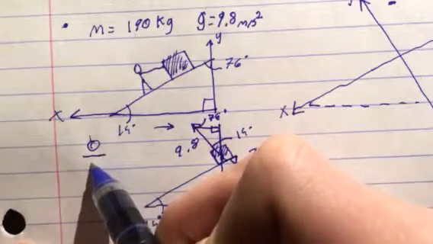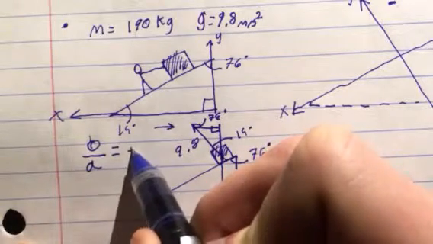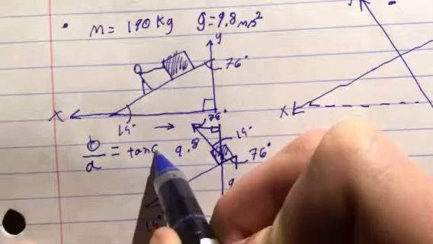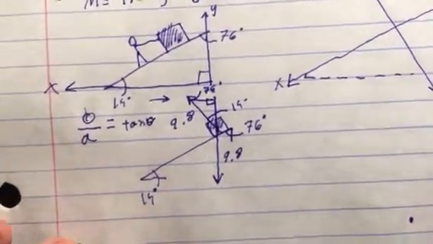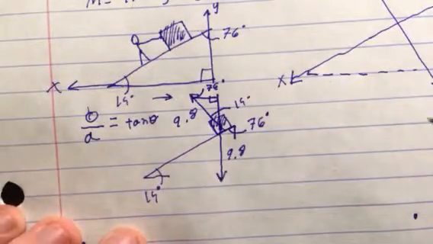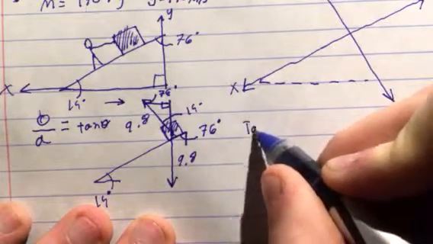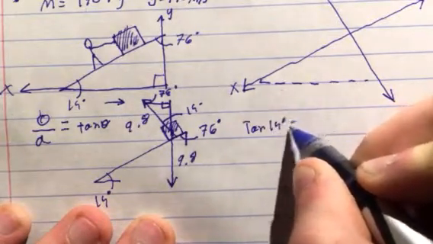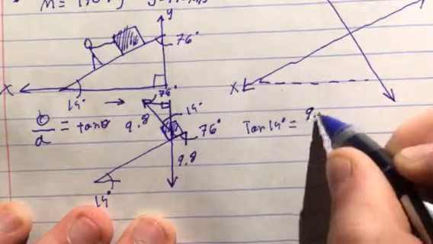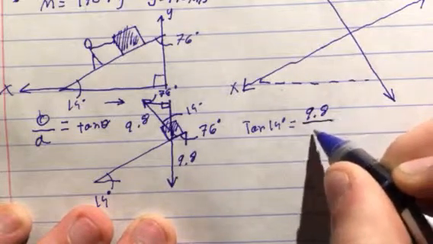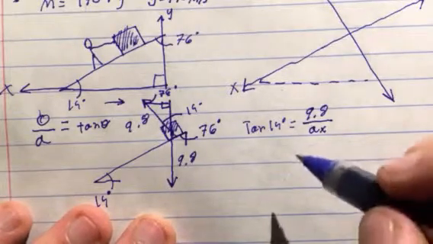Opposite over adjacent is tangent theta, and our theta in this case is 14 degrees. So I'll start writing it over here. Tangent 14 degrees equals our opposite over our adjacent, which I will now label a sub x, because that's the acceleration along the x-axis.